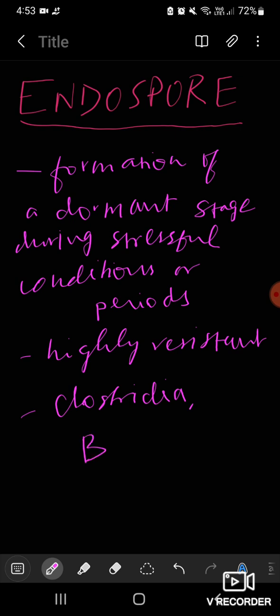Then we have bacilli. And the singular form is bacillus. So Clostridium, bacillus.